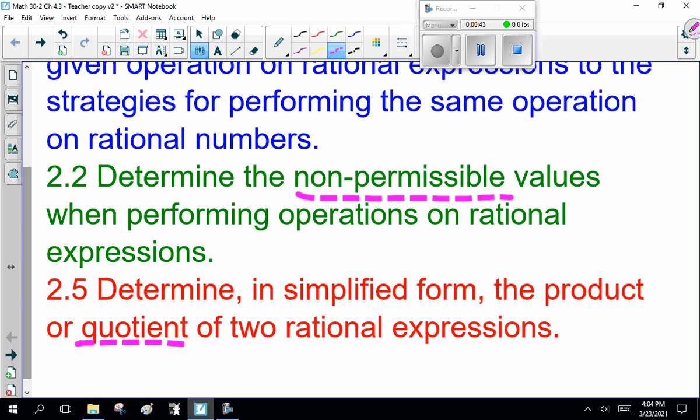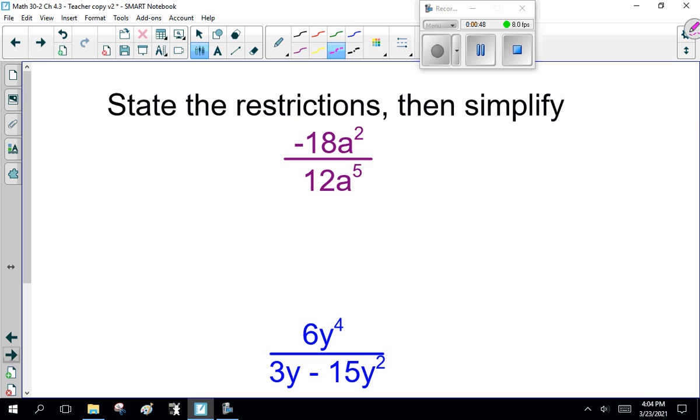Now, there's not a lot to this lesson, so pay attention. Here, state the restrictions and simplify. In an earlier lesson, we talked about the restriction on the denominator. The denominator cannot equal 0. Okay?